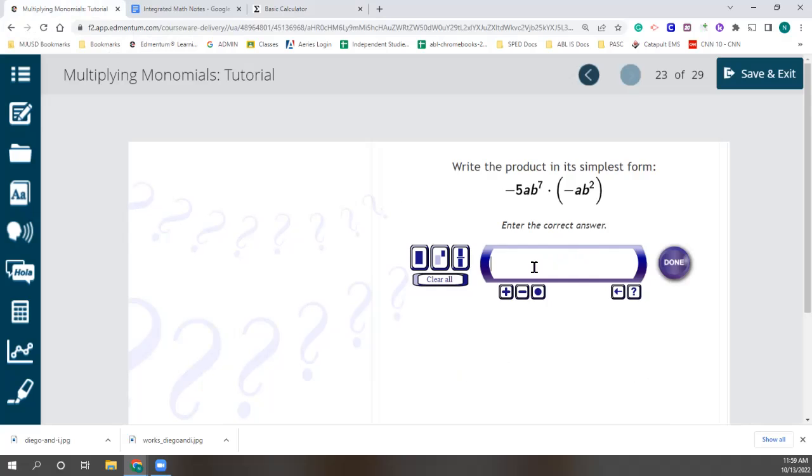We bring down the variables A, B, and we add the exponents. 7 plus 2 is 9. We eliminate the multiplication symbol and put it into factor form. So we should have 5AB to the 9th power.